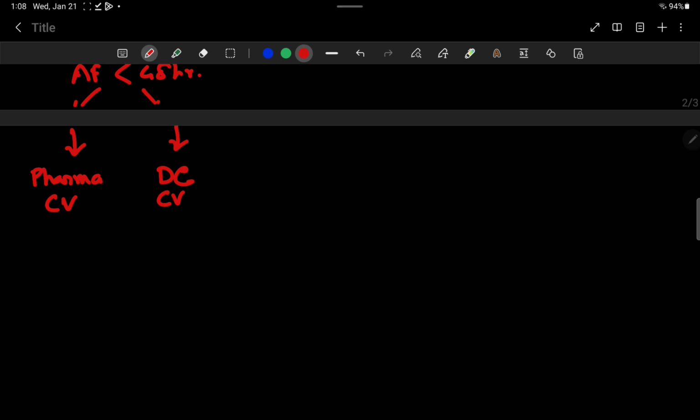Pharmacological cardioversion has two options. It involves IV. One is flecainide, as I mentioned above. It is a 1C class drug, and another one is amiodarone.